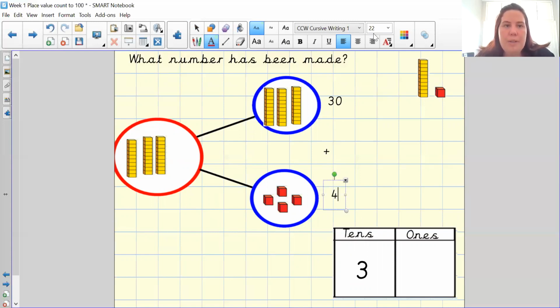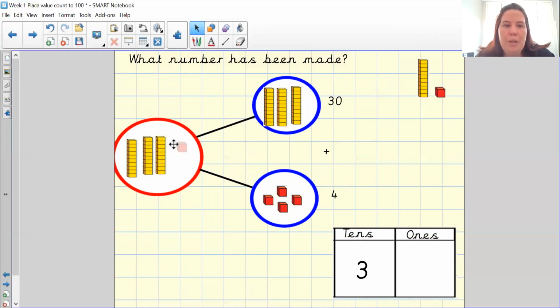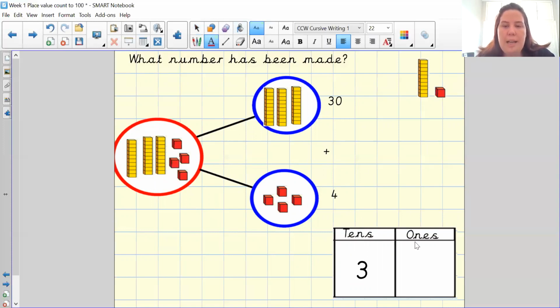And then I'm going to move it all into my whole. 1, 2, 3, 4. And then I'll count it all together after I put the 4 into my ones. So I've got 10, 20, 30, 31, 32, 33, 34.